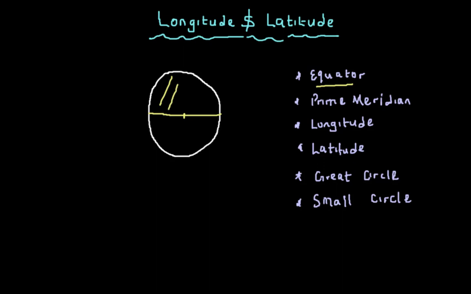So this is like the north up, and then we have the south below. Does this make sense? And here is the equator. An equator is an imaginary line that divides the Earth into the north and south hemisphere.